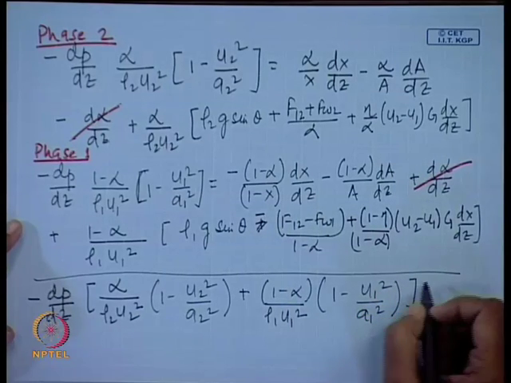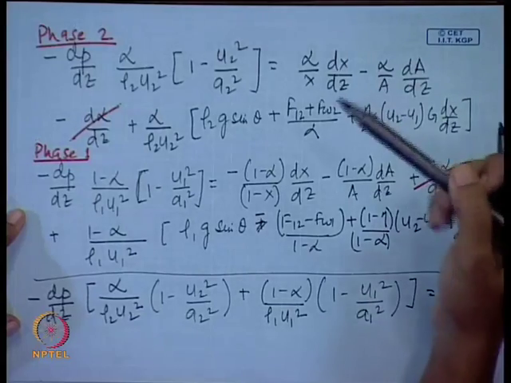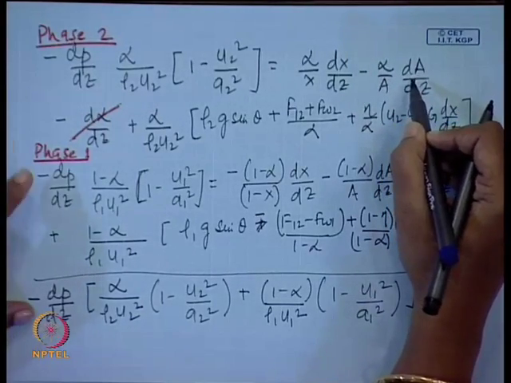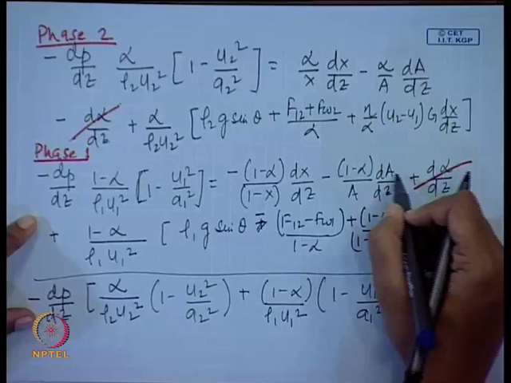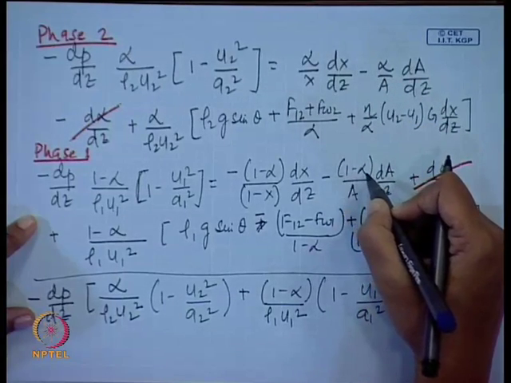This whole thing will be equal to, first, if we start adding this alpha dA dz, and here also we have 1 minus alpha dA dz. So, therefore, alpha plus 1 minus alpha becomes dA dz.